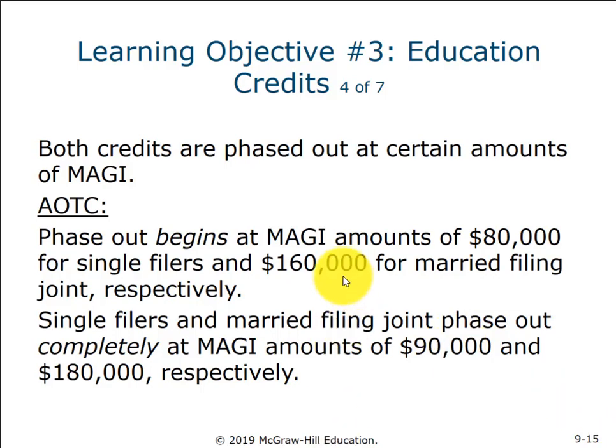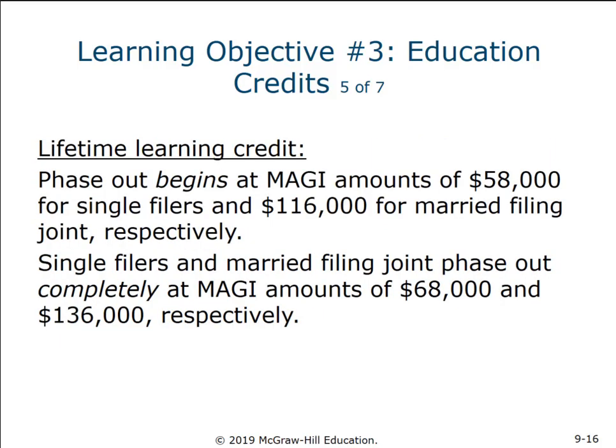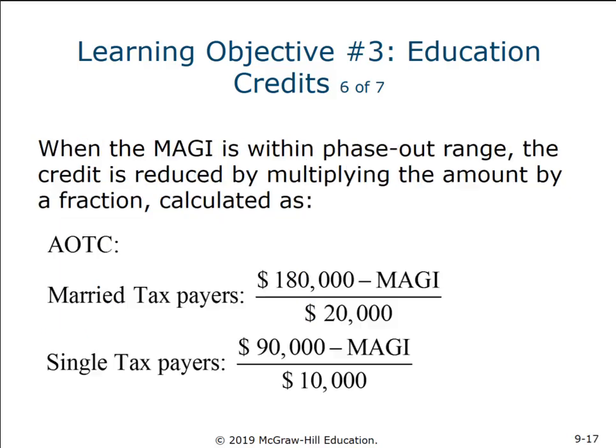So it phases out over a broader range of income. For the lifetime learning credit, it's lower, 58 up to 68 for single and 116 to 136, same range size, but it starts lower. So you're completely out of the credit, it doesn't do you any good, if you're over 136,000 married filing jointly.